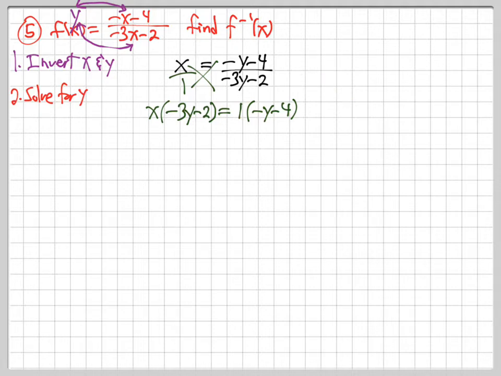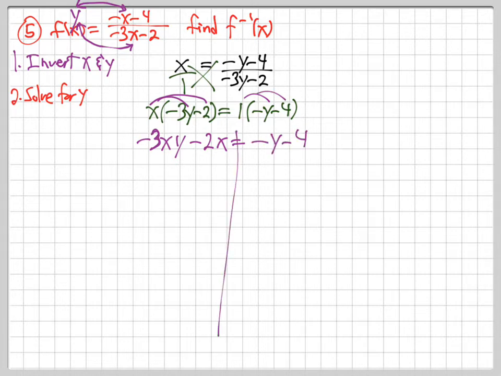And then we distribute. Let's do it. So we get minus 3xy minus 2x. Distribute. Minus y minus 4.